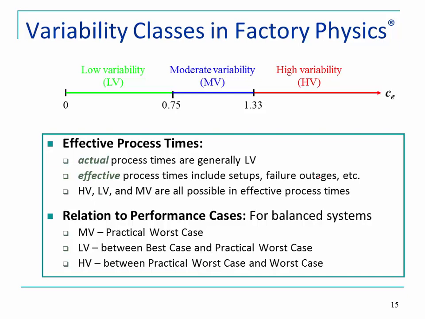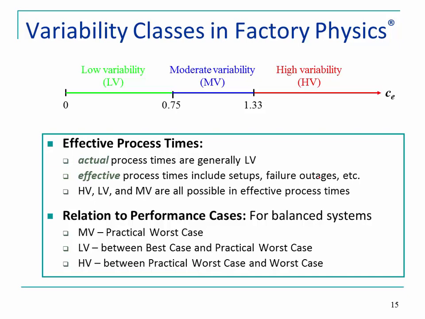And that usually goes here in the low variability. But now if you start thinking about the effective processing time that includes setup, failures, and so on, then most likely you're going to end up having your effective processing time in one of these three areas, depending on how good or how bad is your process. Okay, so that's possible for any of the three cases.